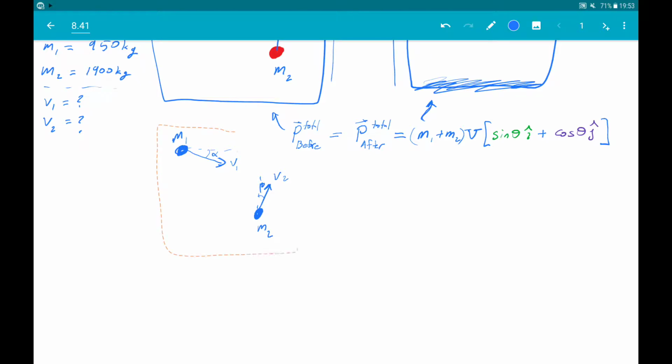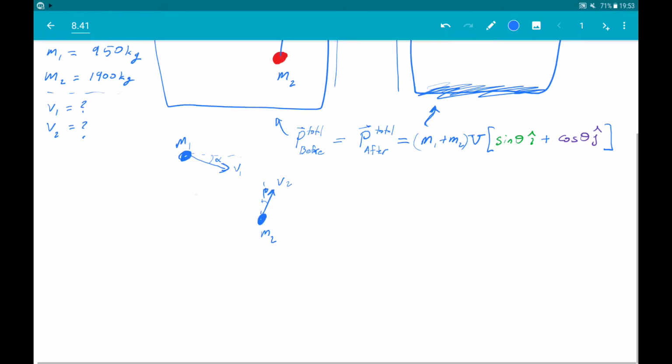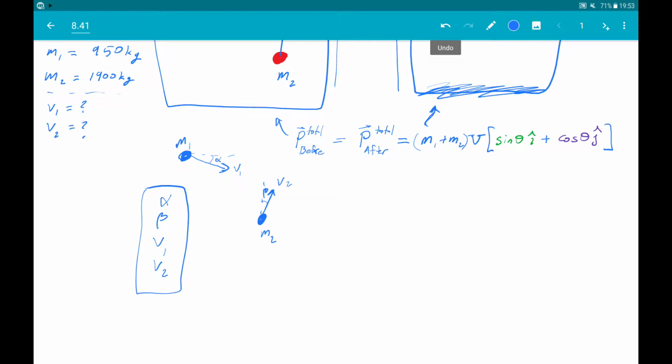So if that was the scenario before the collision, you wouldn't be able to tell what V1, V2, alpha, and beta were, because that would be alpha, beta, V1, V2, 4 unknowns, and only 1 or 2 equations, which is not enough.